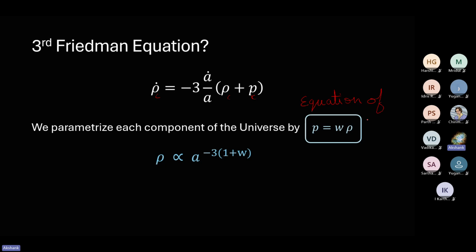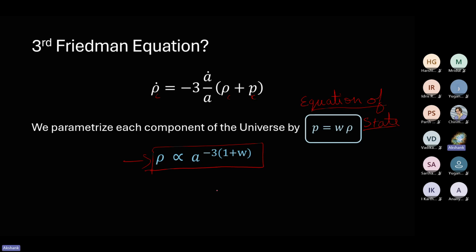Many of you must have studied this if you take a condensed matter physics course, or you take EMT when you study light. Now, if I use this P equals W rho here, you can solve this equation simply to obtain this equation, and this is much simpler to understand than the previous one.